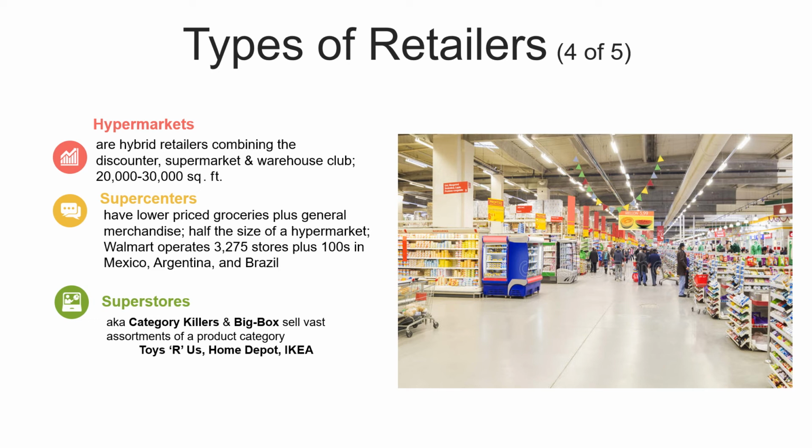Superstore, known as category killer of big box retailers, is the label many in the retailing industry use when talking about stores such as Home Depot and IKEA. Okay, you can see this picture. The name refers to the fact that such stores specialize in selling a vast assortment of specific product categories, for example home improvement supplies or furniture, in high volume and at low price.